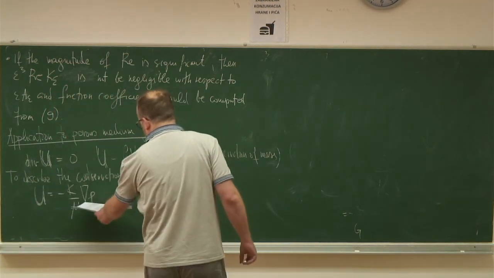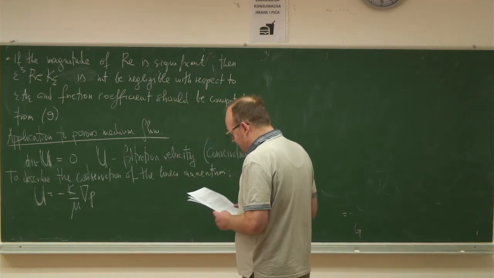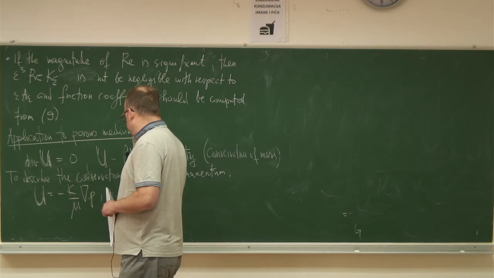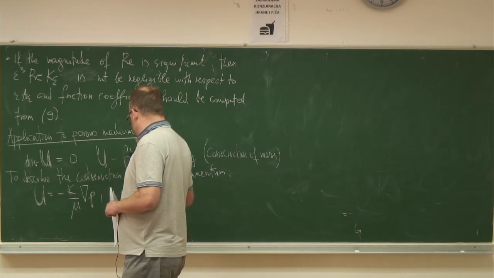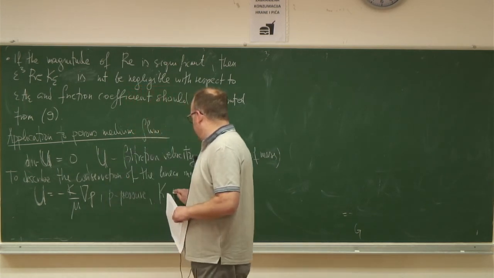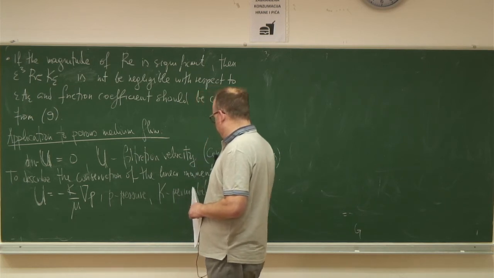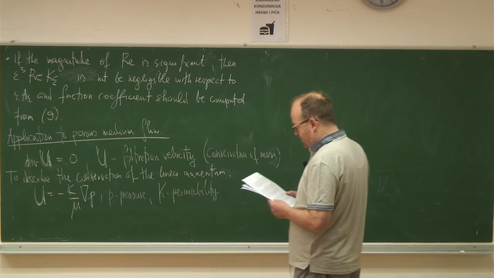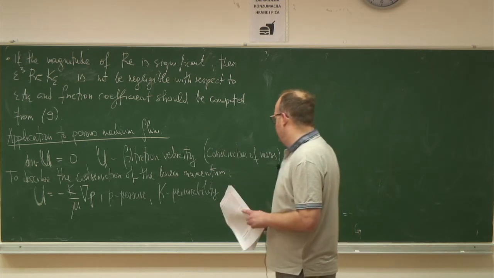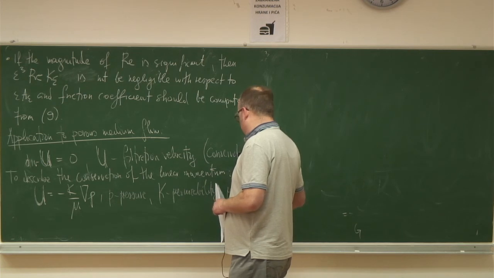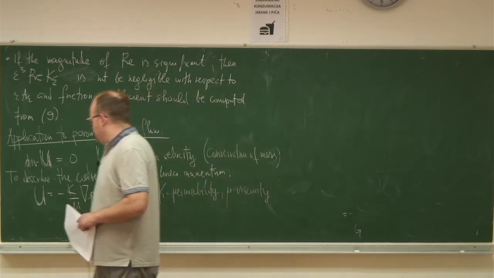So here P is the pressure, K is the permeability of the porous medium, and mu, of course, is the viscosity coefficient. So this is the Darcy law.